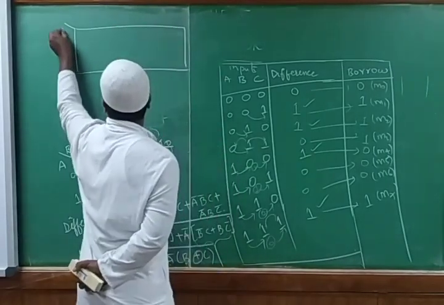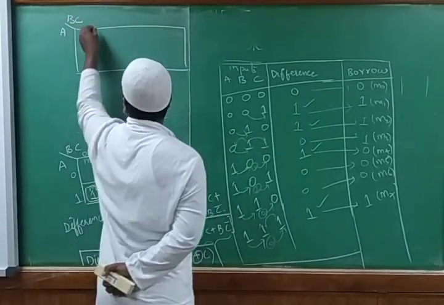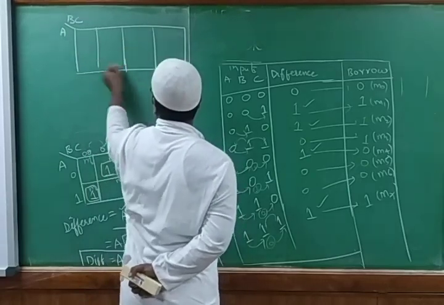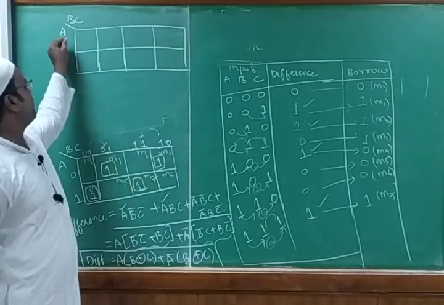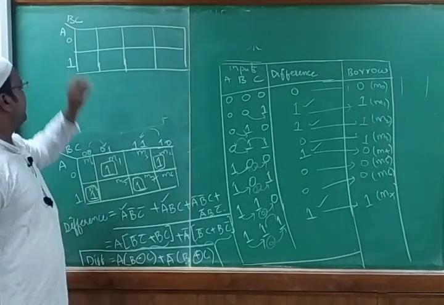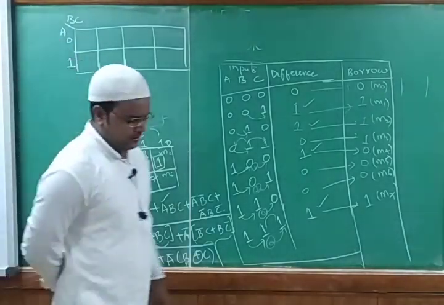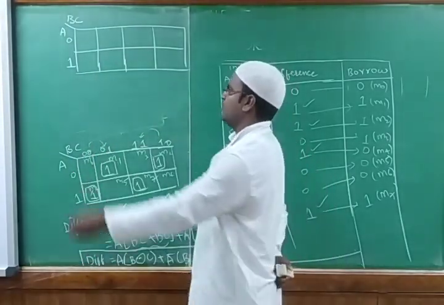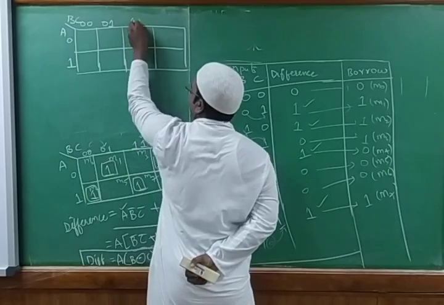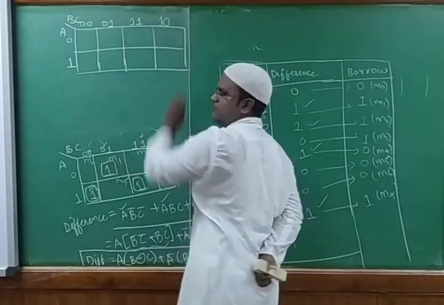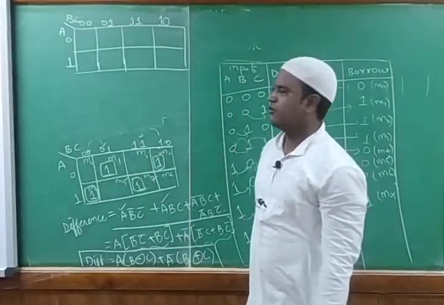We'll take the input combination. This is A, B, C. This becomes 4 columns and 2 rows. So this is the combination for A can be 0 or A can be 1. Since we have BC, BC means 00, 01, 11 and 10. So we wrote for B and we wrote for C.